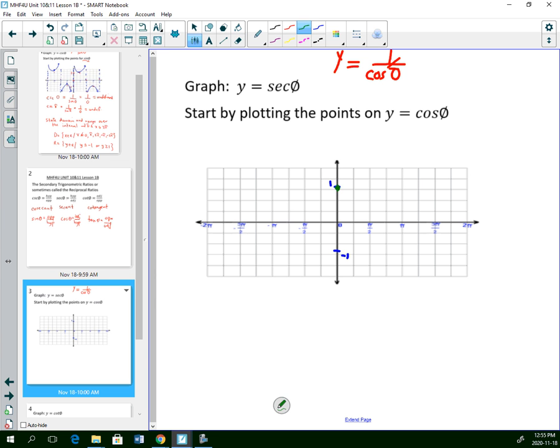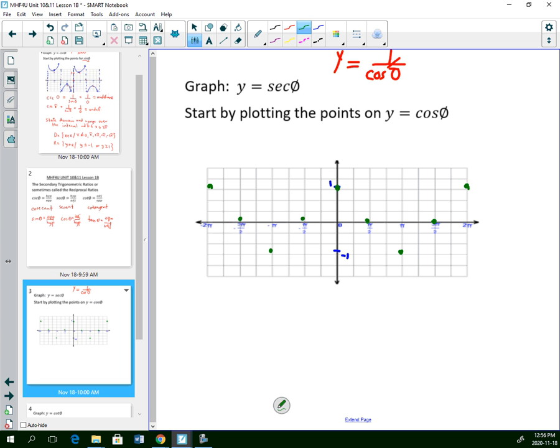So cosine normally starts at 0, 1, goes down to 0, pi over 2, down to -1, back to 0, back to 1. And then I'll continue on the left, middle, bottom, middle, top. So there's cosine. I'm not going to join it together. I'm just going to plot the points.